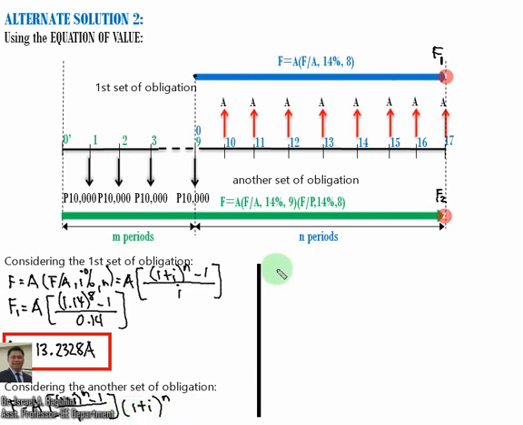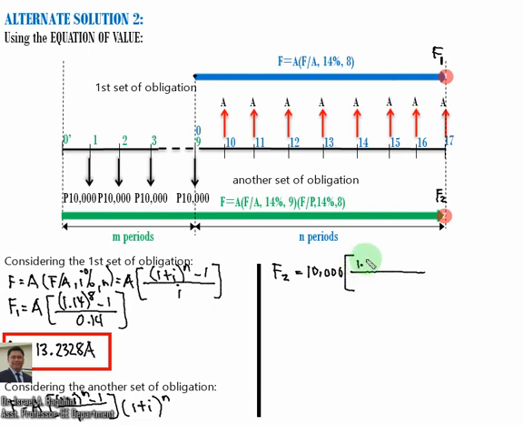Okay, so we are going now to use actually this formula. Since we are getting this F2, this F is just equal now to F2, which is then equal now to our A here, which is just simply equal now to 10,000. Okay, 10,000 times this quantity 1 plus I. Our I is still 14%.